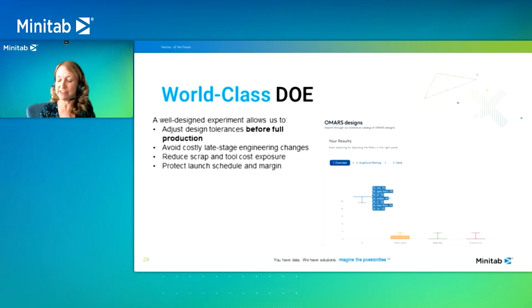At Minitab, we've been doing DOE for a long time, and many of you who do DOE are used to things like factorial designs and fractional factorial designs. We have now augmented our DOE toolkit with 2 other kinds of designs. One is called Omar's designs. These designs, for those of you in the Minitab DOE world, are probably familiar with definitive screening designs.